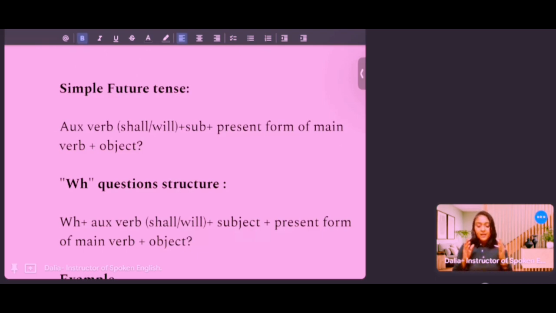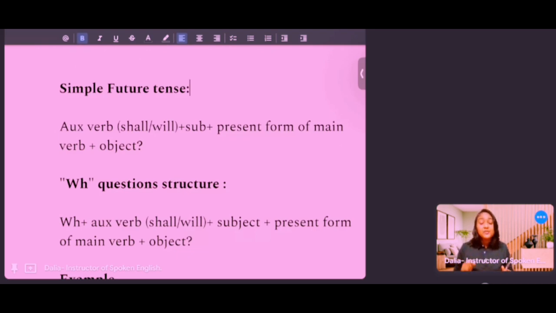As I always say, for an interrogative sentence, the auxiliary verb will always come first, and I have followed exactly the same rule here. First, the auxiliary verb shall or will according to the subject, plus the present form of the main verb, plus the object or the rest of the sentence. Okay, clear?